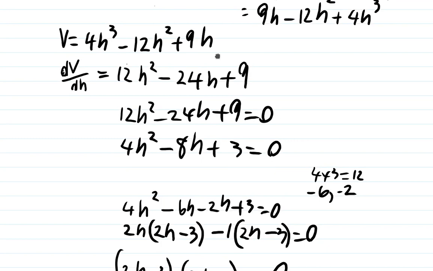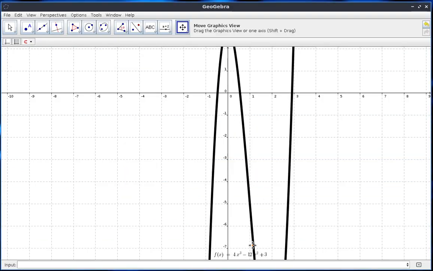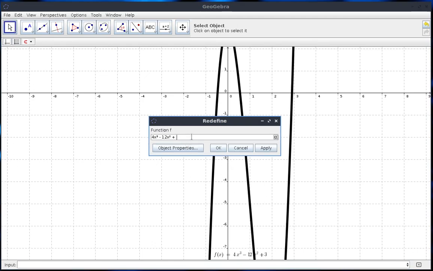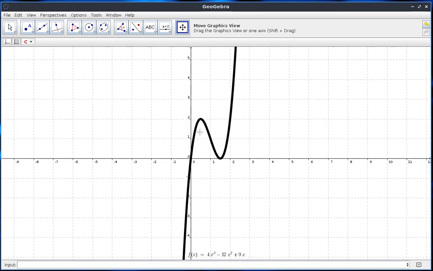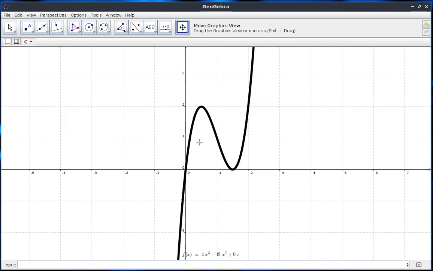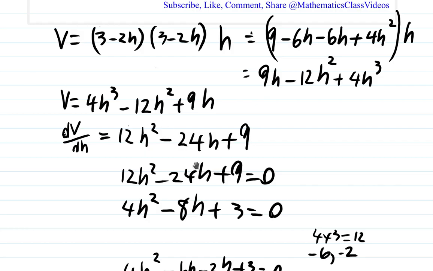Am I making so many mistakes with this? It should have been 9x. Yeah, that was it all along. I keep making one mistake after another. But now we can see it: two turning points. One is at half, the other one is 1.5. Now we got it.